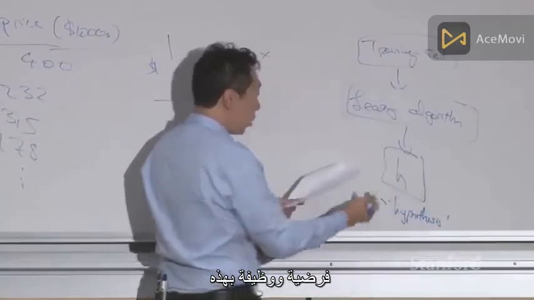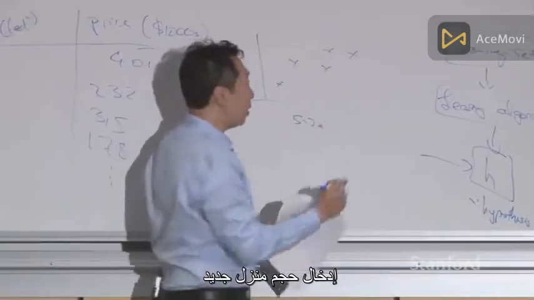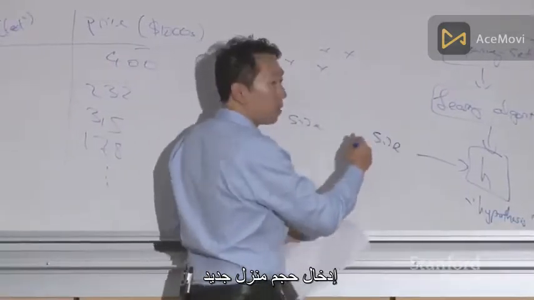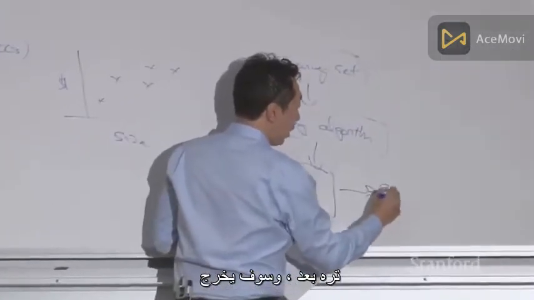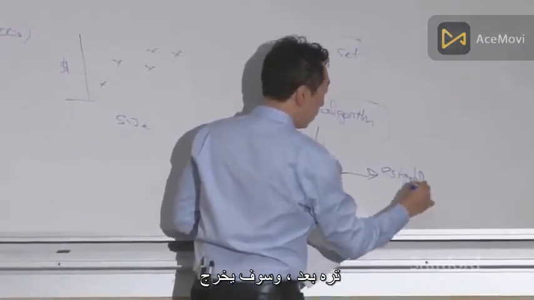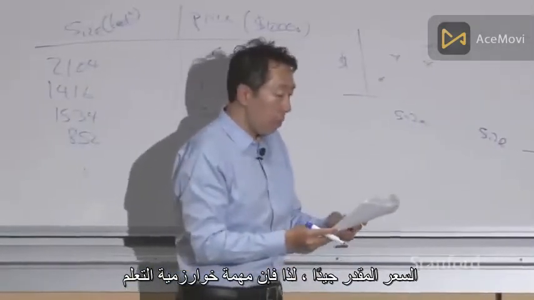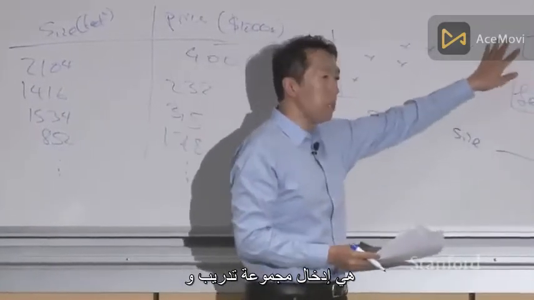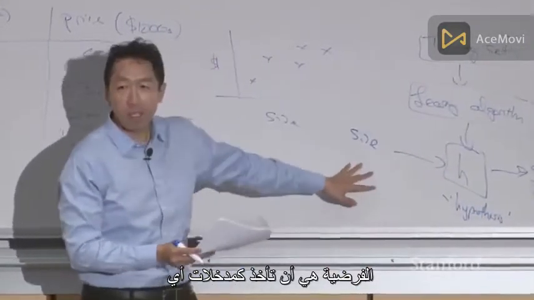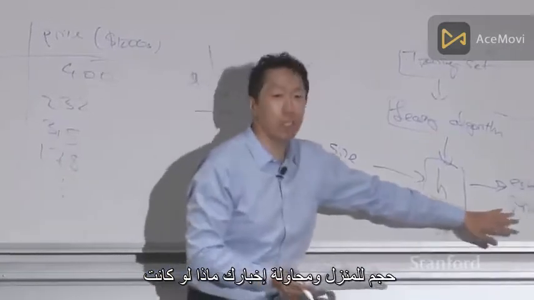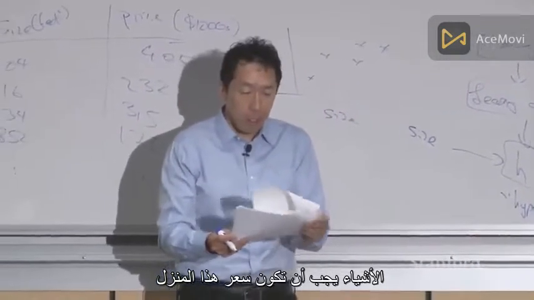The job of the hypothesis is that it can input the size of a different house that you haven't seen yet, and output the estimated price. So the job of the learning algorithm is to input a training set and output a hypothesis. The job of the hypothesis is to take as input any size of a house and try to tell you what it thinks should be the price of that house.